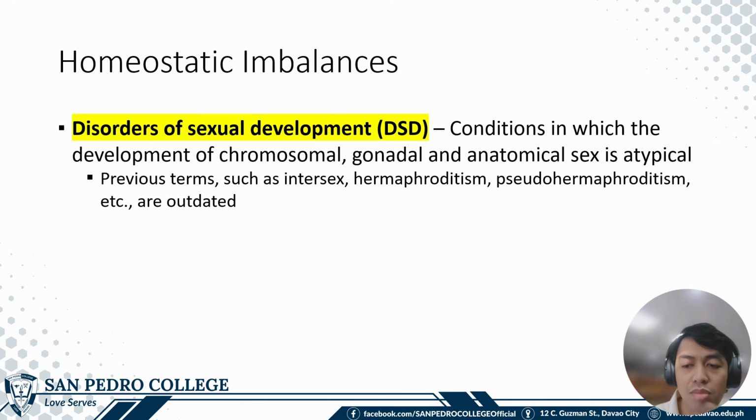So, this mismatch between the chromosomal sex, hormones, gonads, and the external genitalia is labeled here in this group of disorder called the disorders of sexual development. And you may have read or heard any of these terms such as intersex, hermaphroditism, pseudohermaphroditism, and these are actually now outdated terms. And the new term for that is again DSD.